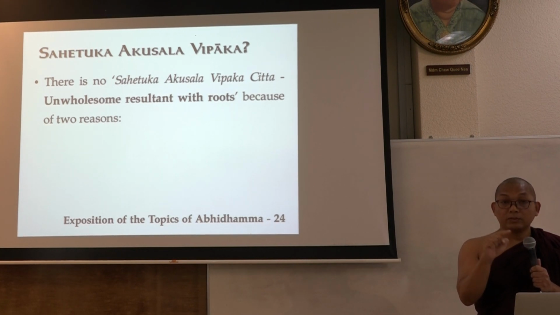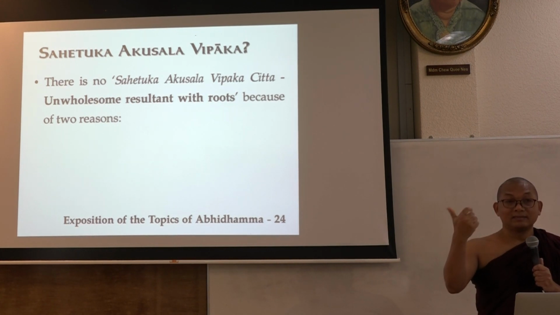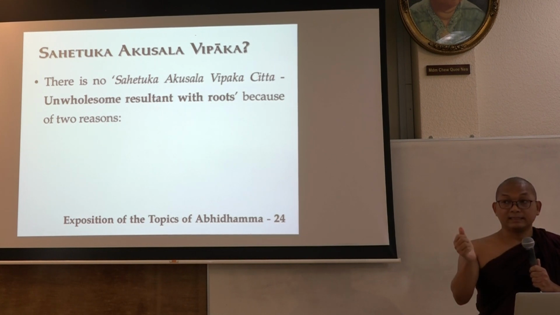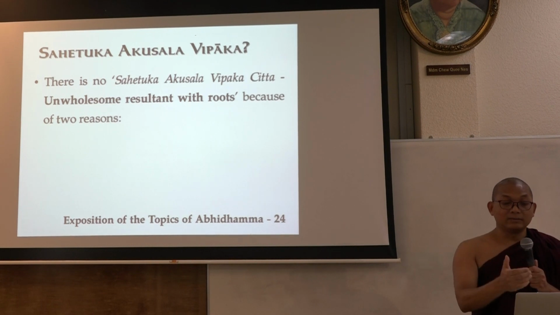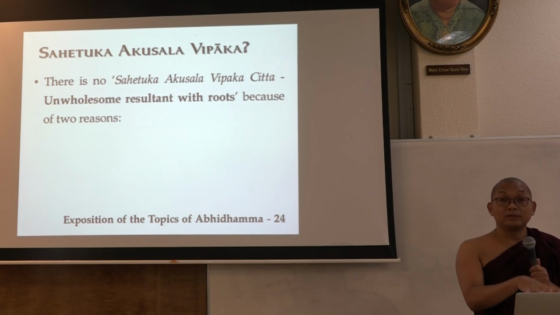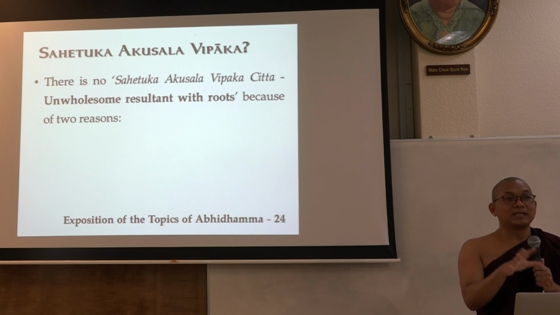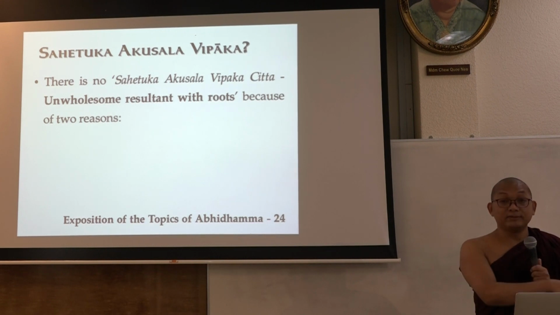So your kusala vipaka citta is accompanied by good roots, like alobha, adosa, amoha. We call it sahetuka vipaka citta. But now, later we are talking about ahetuka vipaka. Ahetuka kusala vipaka, right? Here ahetuka means without root.